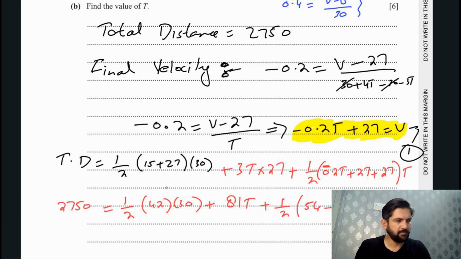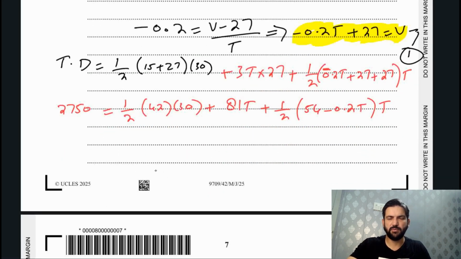Now if you simplify it, the only unknown variable here is t, and if you simplify it on a calculator, you will get t equals 20.